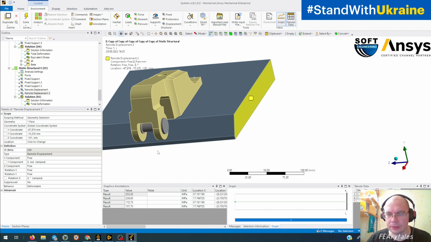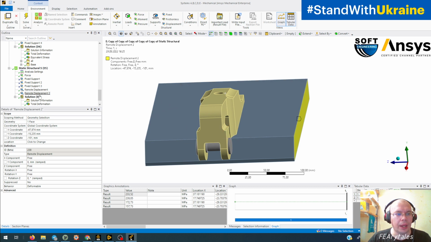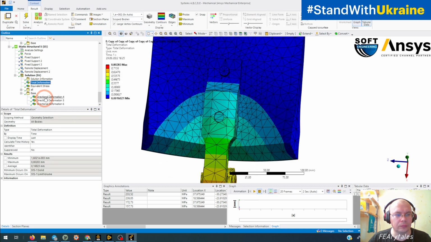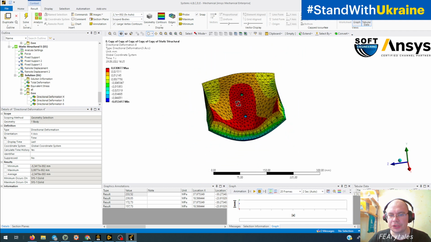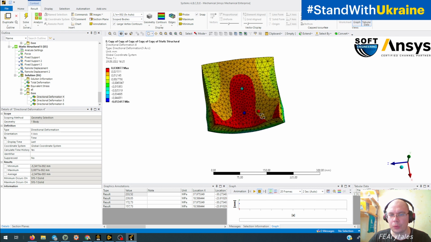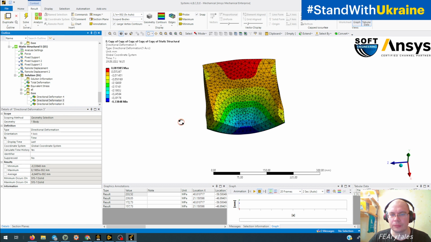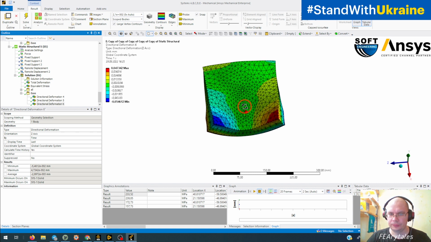In all other, you can rotate as you want. And we obtain not fully symmetrical, but it's very close to symmetrical model of deformation. So it means that our type of fixation are almost physical.